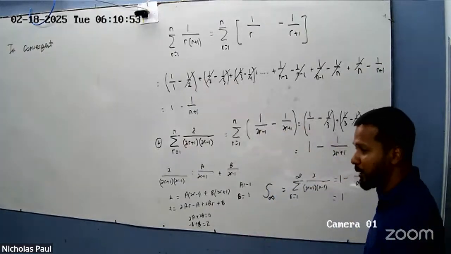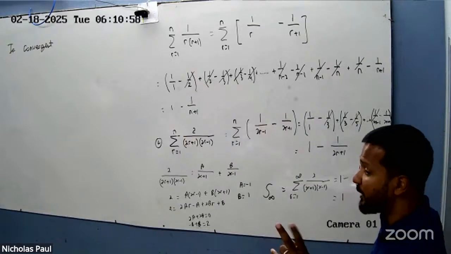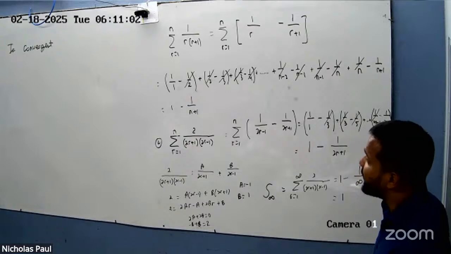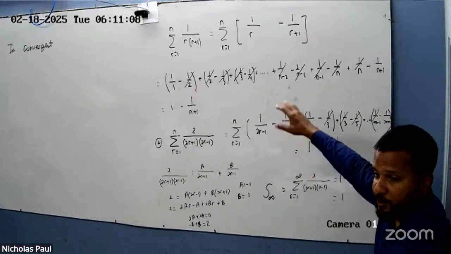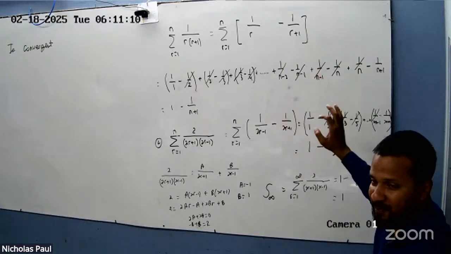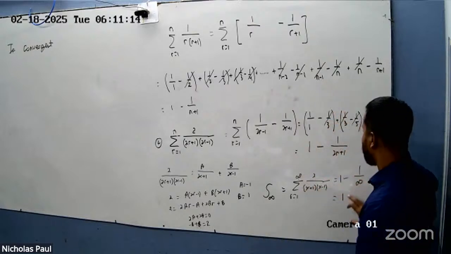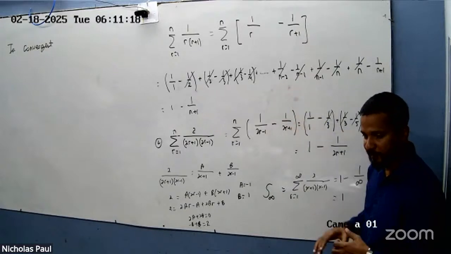So that's the way you can prove a series is convergent. You all recognize the use of the method of differences. We could use the method of differences to check for convergence.